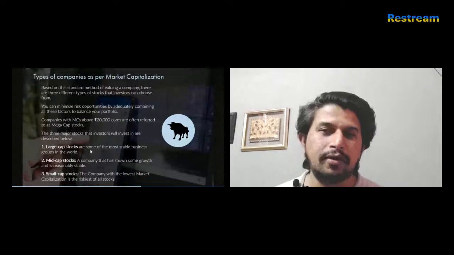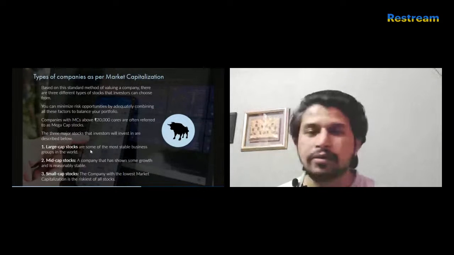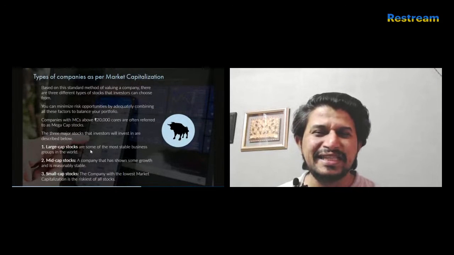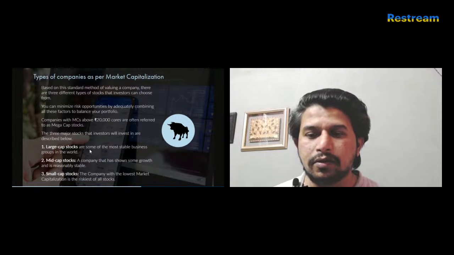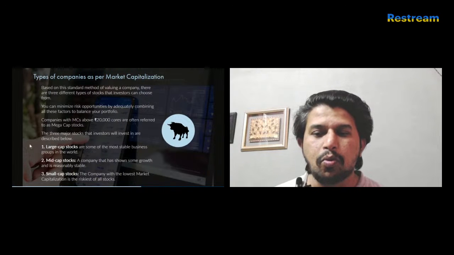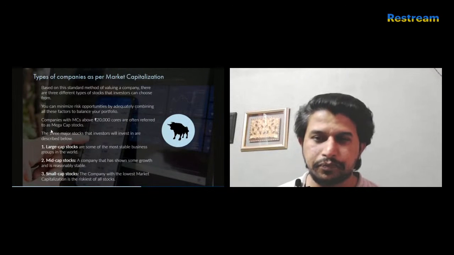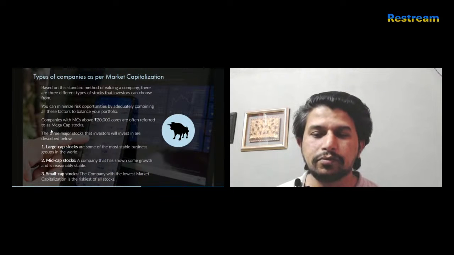For example, Reliance, Infosys, TCS, Capgemini, and big blue chip companies are the large caps, which are about 1,000 crores.